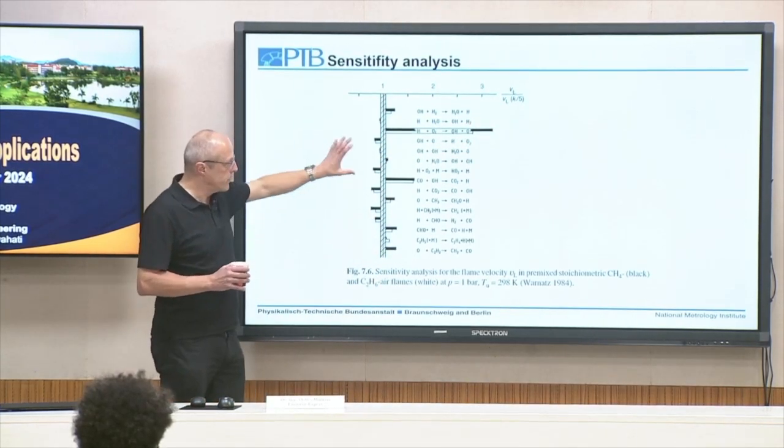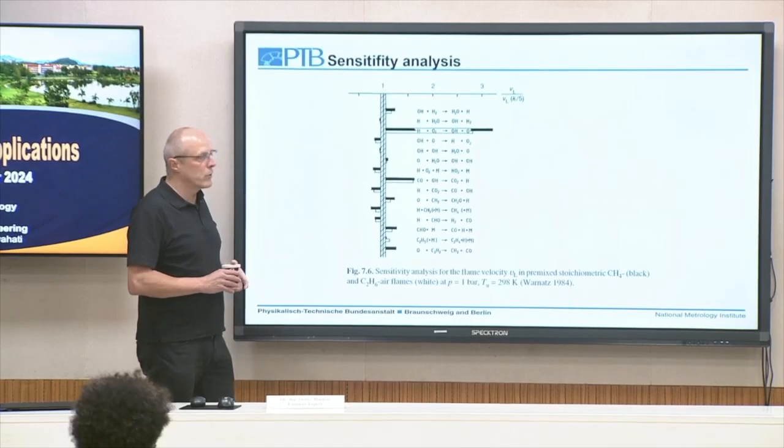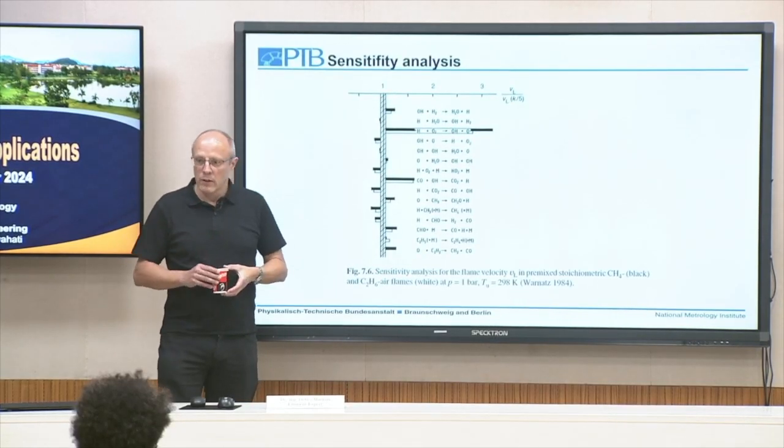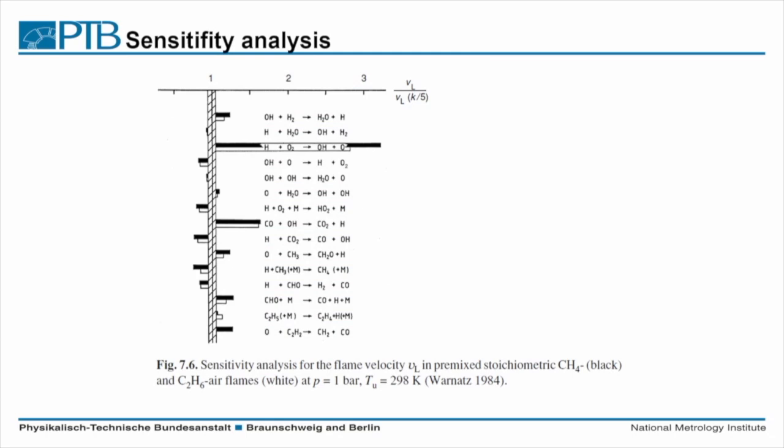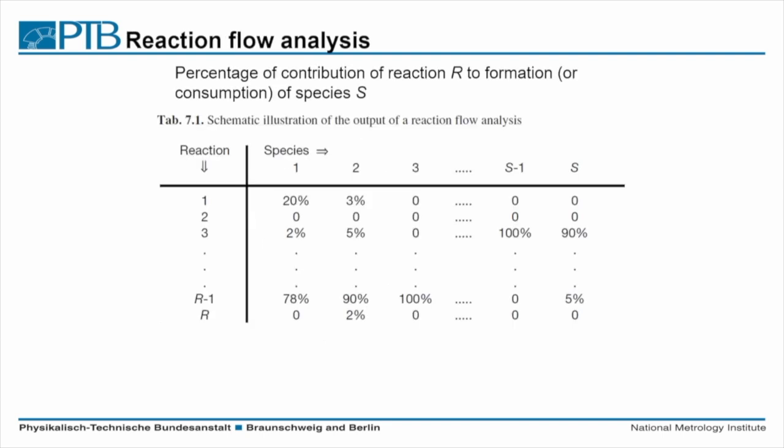Here I have to focus: are these numbers okay? Then I can be confident that my outcome, the flame velocity, is calculated with sufficiently low uncertainty.